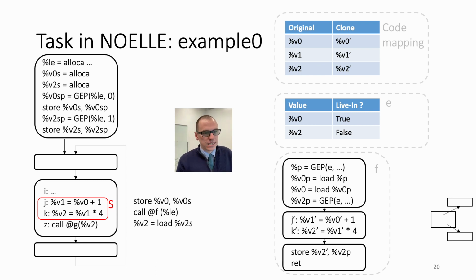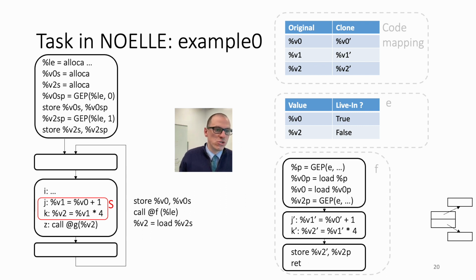And then when the task is completed, we can load the live-out variables and store them into whatever local variables we want to modify. In our case, %V2 was the live-out variable.